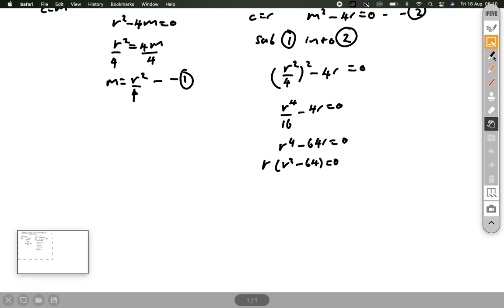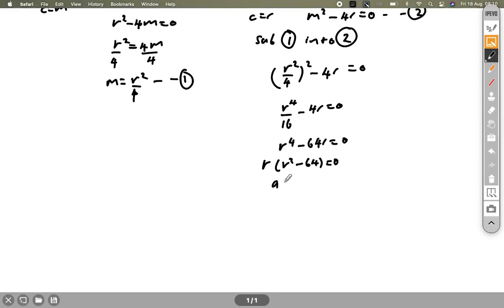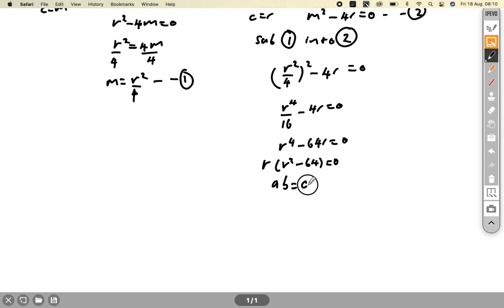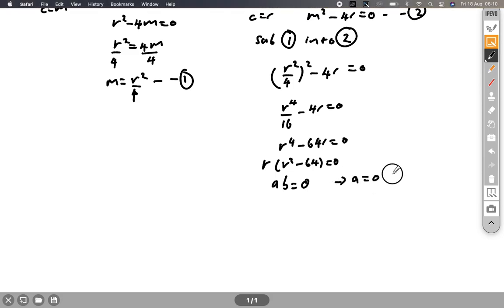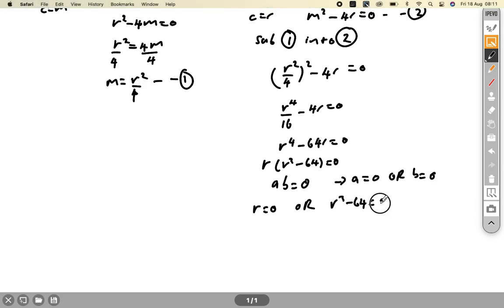Now we know that if we have a times b equals 0, we can say a equals 0 or b equals 0. So our a in this case is r, and our b is r cubed minus 64. So we're going to have r equals 0 or r cubed minus 64 equals 0.